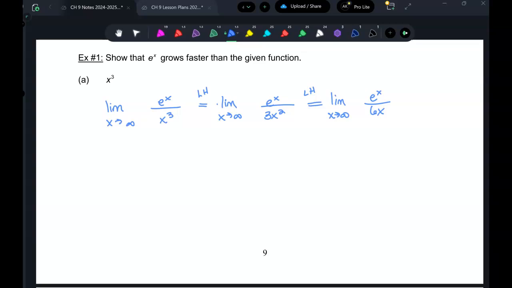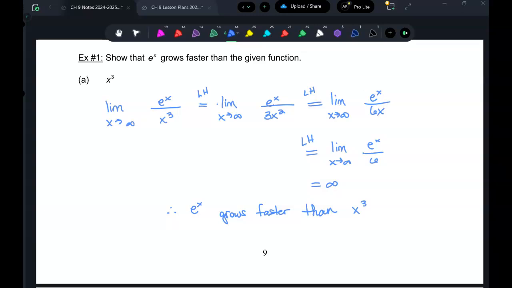We know if it's a polynomial, we're going to eventually get a constant. And then once we get that, because it's still in the form of infinity over infinity, as soon as we get to this point, now we can see infinity. Therefore, e to the x grows faster than x cubed.